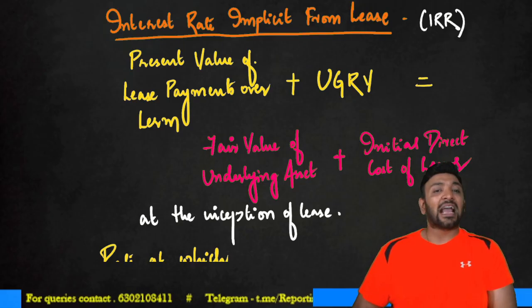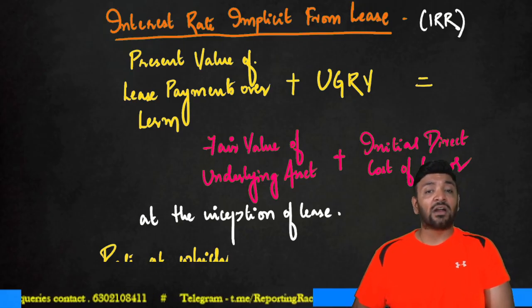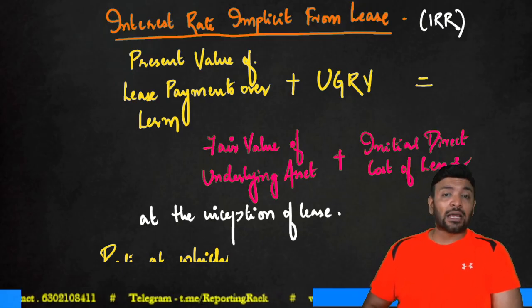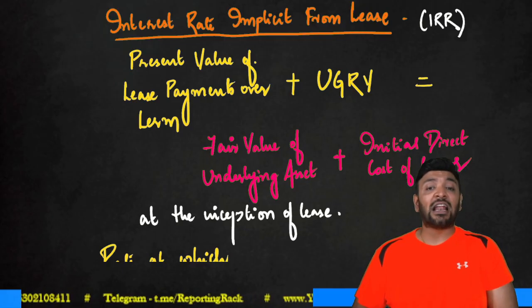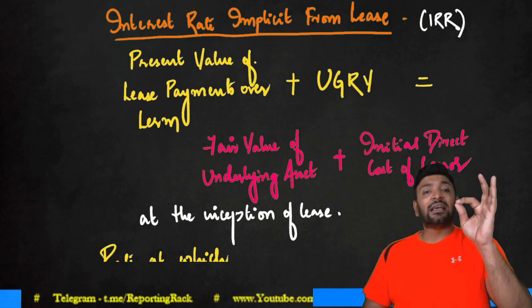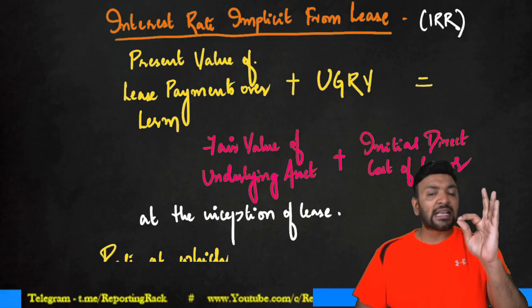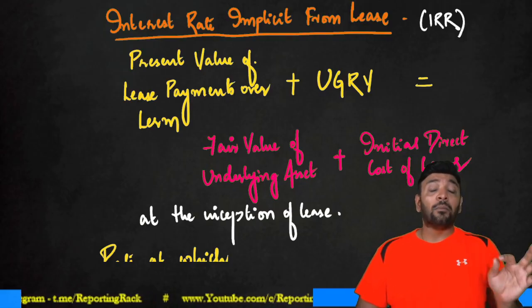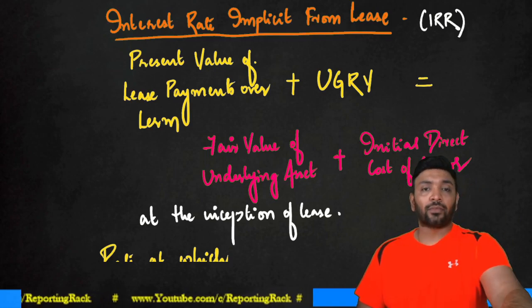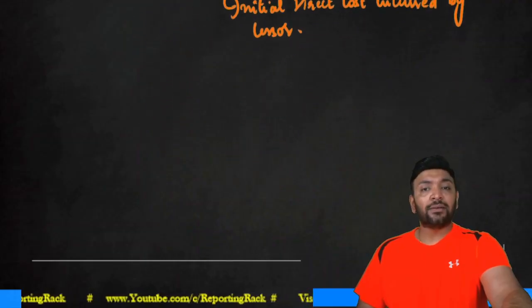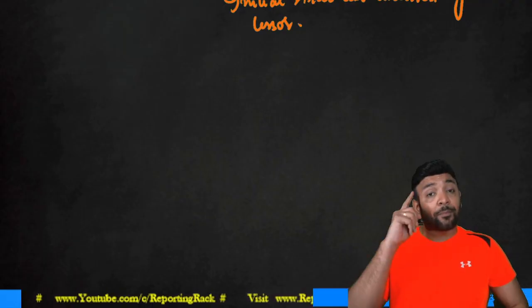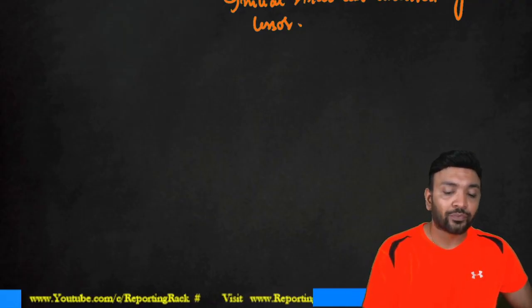Same thing. The cash flows arising from lease rentals over lease term plus the unguaranteed residual value, when discounted to their present value, is equal to fair value of the underlying asset plus initial direct cost incurred by the lessor, is equal to IRR. Exact same logic is being applied here, but here it is called interest rate implicit from lease. Guys, this IRR or interest rate implicit from lease is computed from the perspective of lessor.